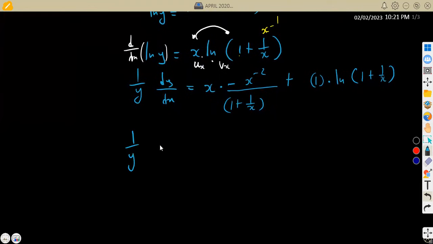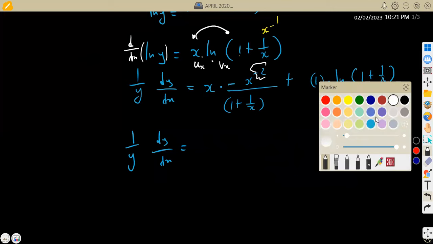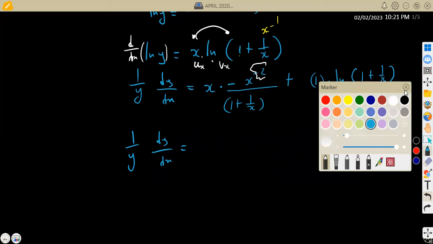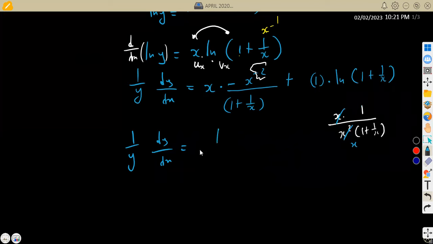So this is going to be 1 over y dy/dx is equivalent to, here, is there anything that we can do, guys? Yes, we can simplify because there is a negative exponent here and we are multiplying. So it's going to be x by 1 over x squared, to remove the negative exponent, into 1 plus 1 over x. So here we can reduce the x and the x squared, and we end up with 1 over x in this case.